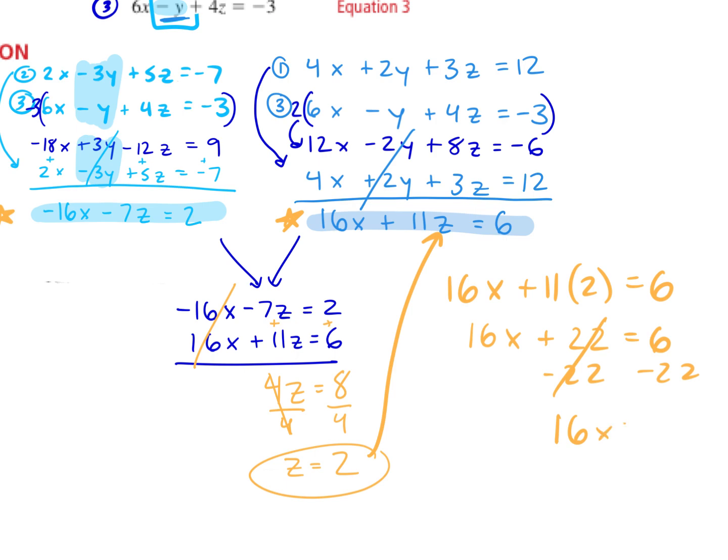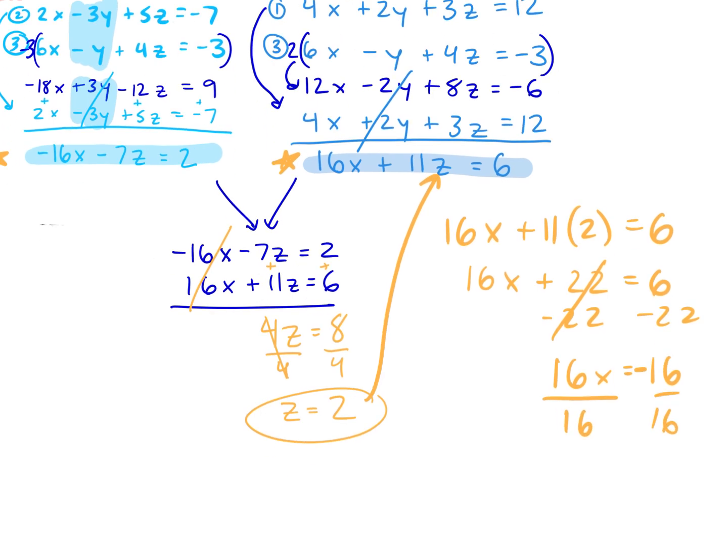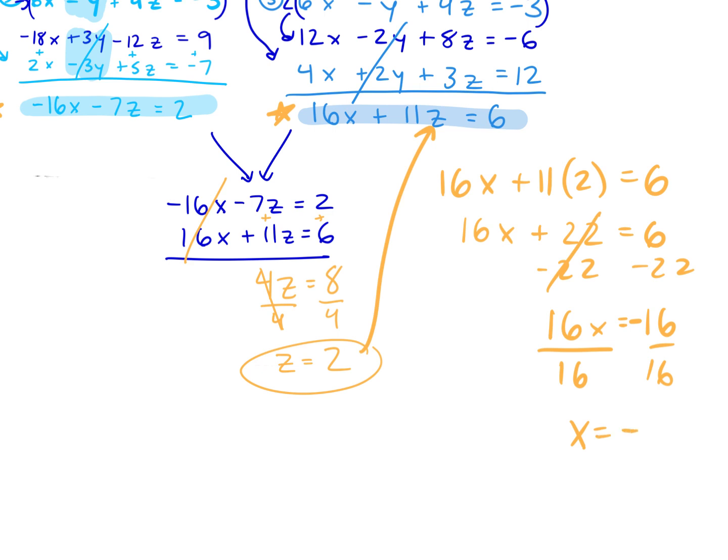So 16x is equal to 6 minus 22, which is negative 16. What do we do next? Divide by 16. So what does x equal? Negative 1. We are still not done.